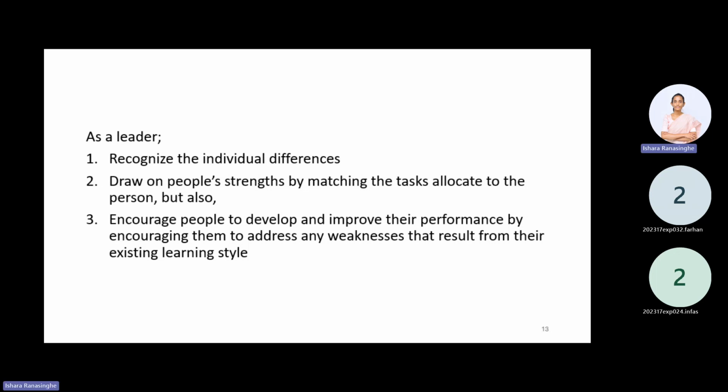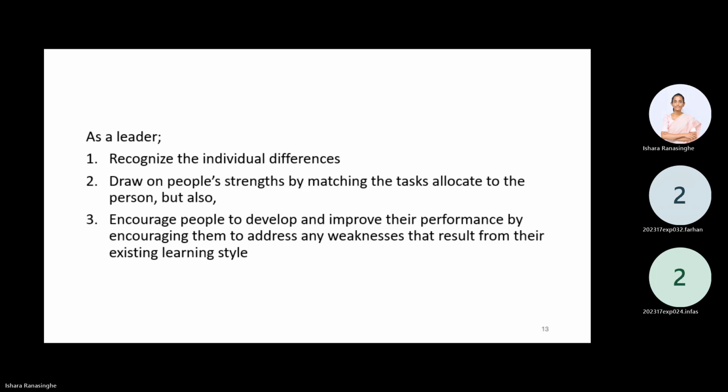Requirements to consider when making subordinates work without supervision. Third point.